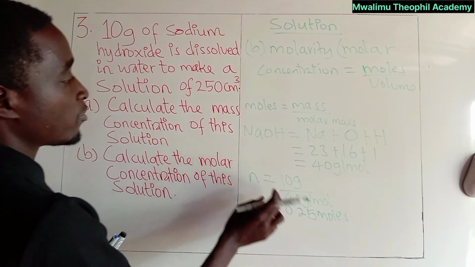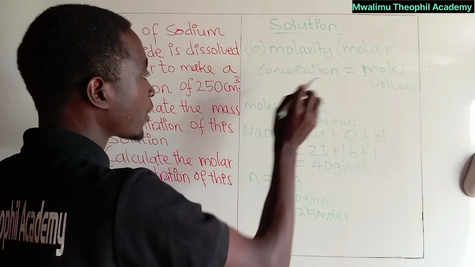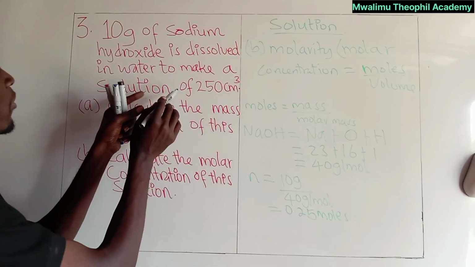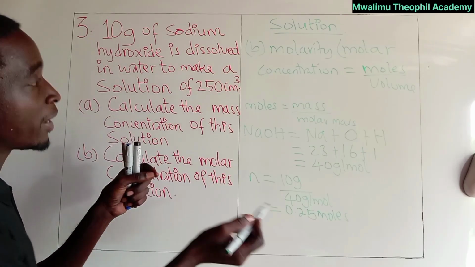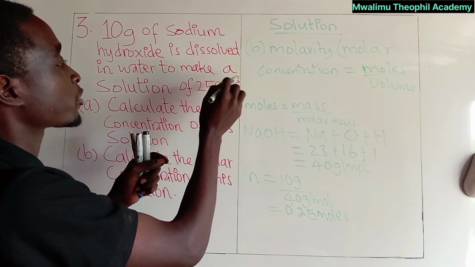After we've obtained the number of moles, now we can work out the molar concentration. We have obtained the number of moles and we are already given the volume, which is 250 centimeter cubic. If you remember, in part A, we converted this volume from centimeter cubic into liters.